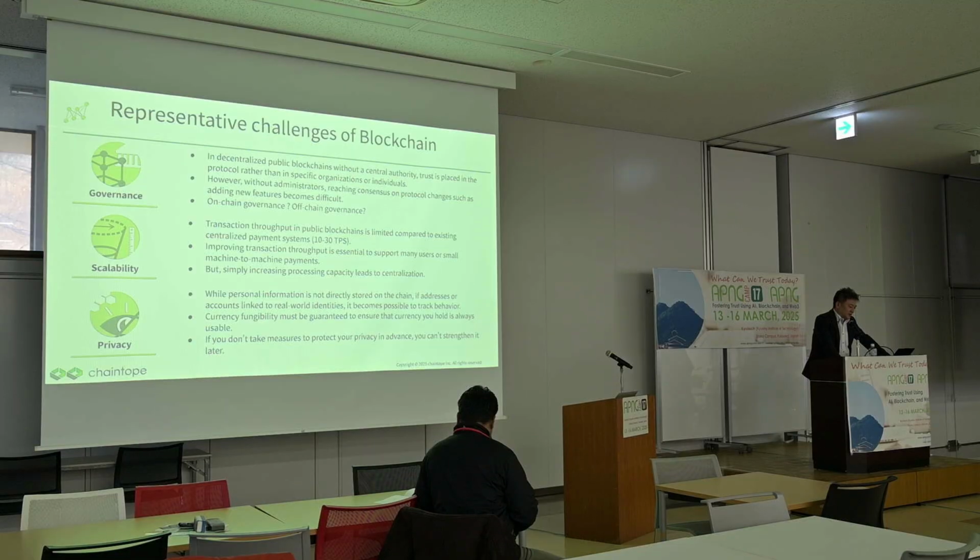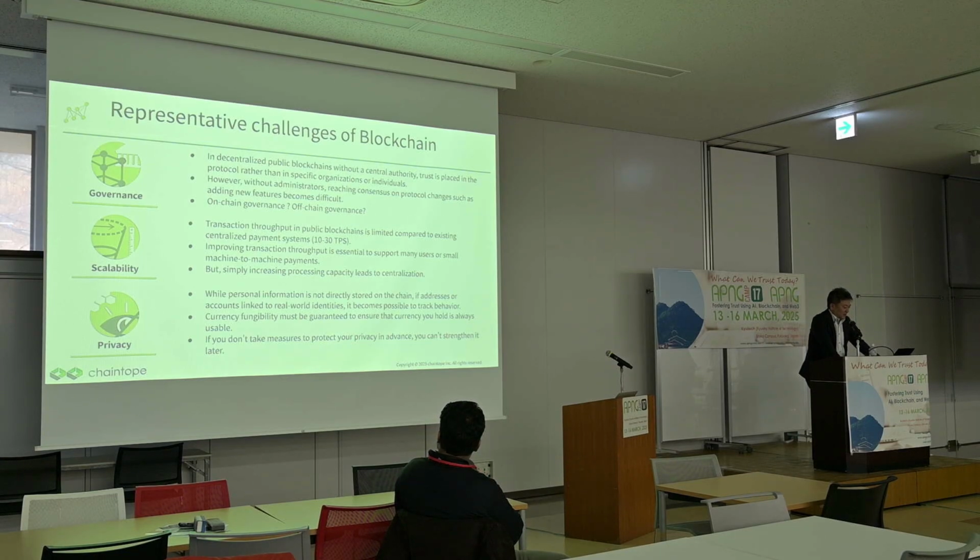But without an administrator, reaching consensus on protocol changes, such as adding a new feature, becomes difficult. So decision making is difficult on a blockchain that has no administrator, such as Bitcoin, and adding and changing features is very slow.